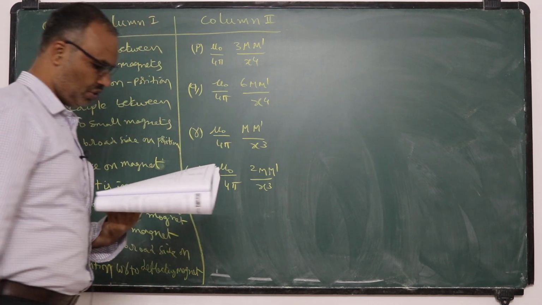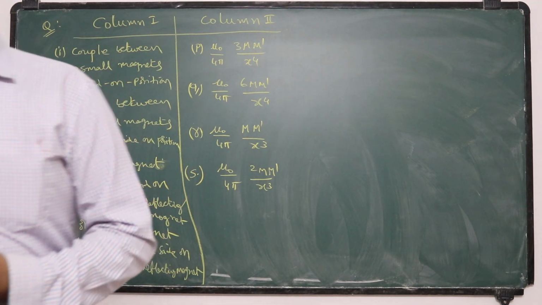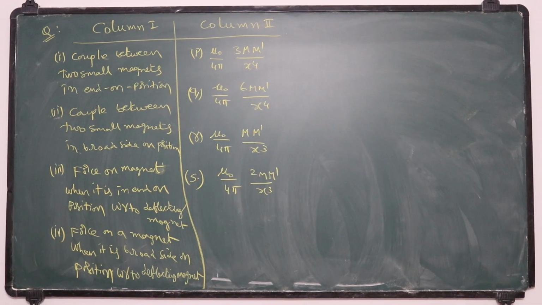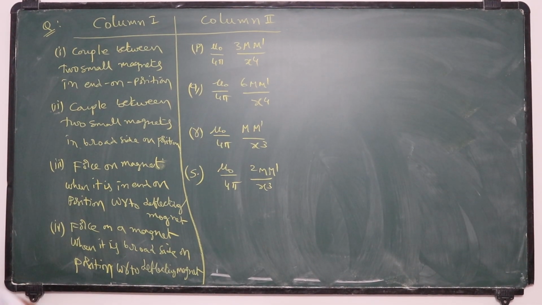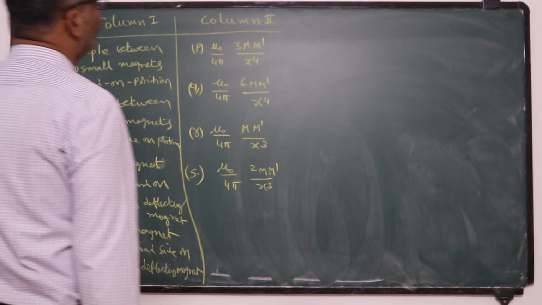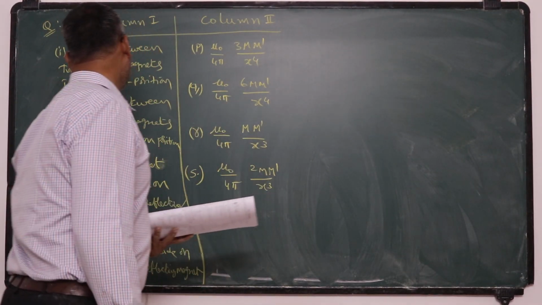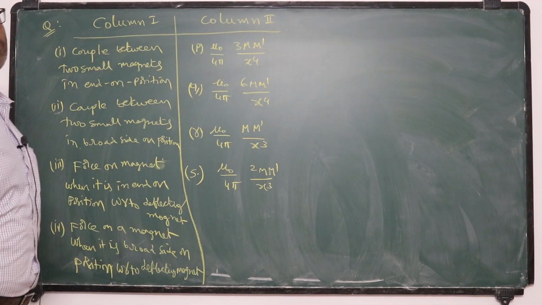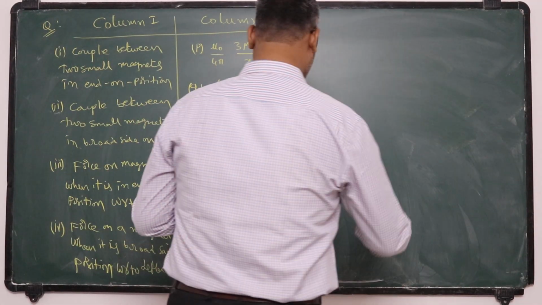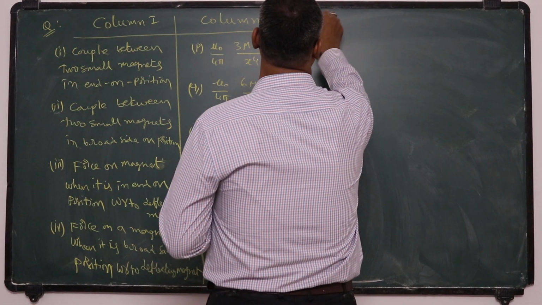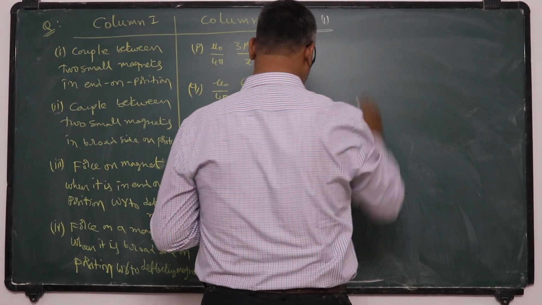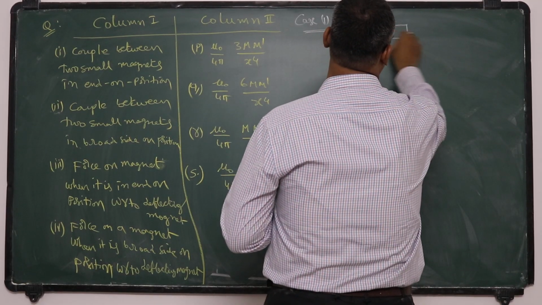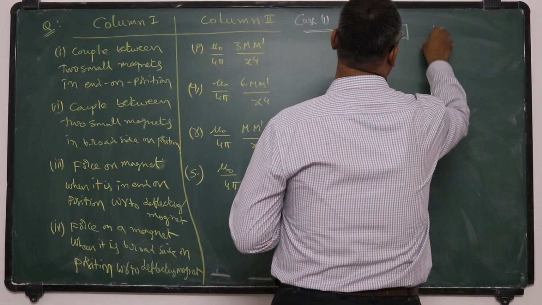Try to solve this question. Let us see the solution. The first option is couple between two magnets in end-on position. Let me discuss case 1. Two magnets are like this, north south.